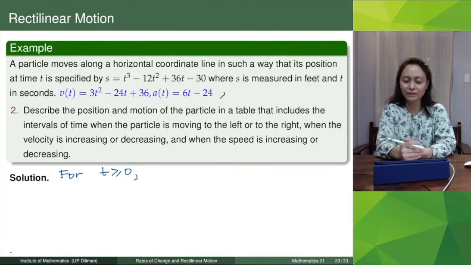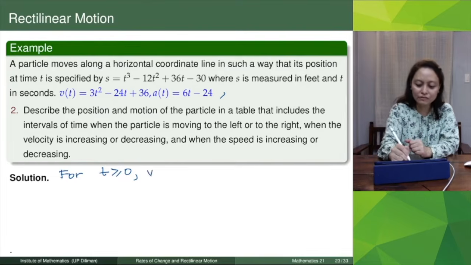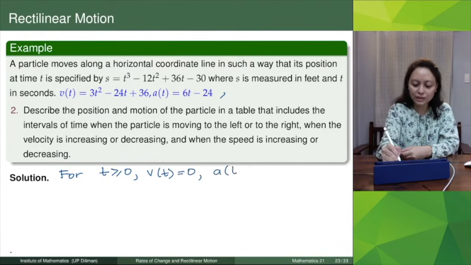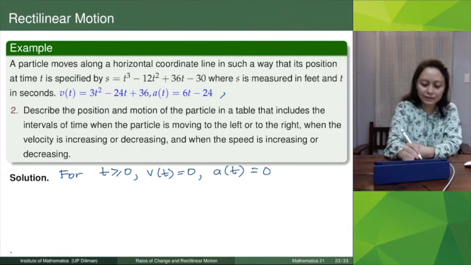Walang negative time. Kaya yun lang ang isasama natin sa table. And aside from starting at 0, ano yung isasama natin? Ilagay natin yung values of t when the velocity is 0 and when yung values of t when the acceleration is equal to 0.